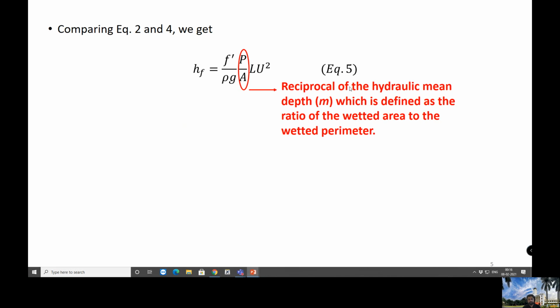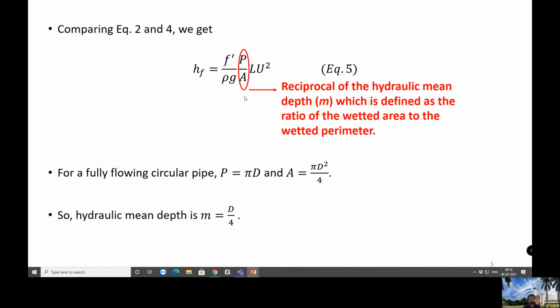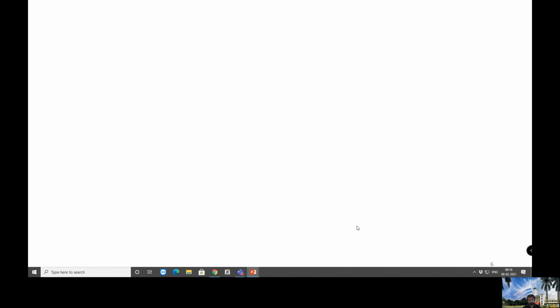So P by A is nothing but the reciprocal of the hydraulic radius, or sometimes it's also called hydraulic mean depth, M. For a fully circular pipe, we know that the wetted perimeter is equal to pi d and A is equal to pi d square by 4. So P by A will give us 4 by d, and the hydraulic mean depth is dm equal to d by 4.